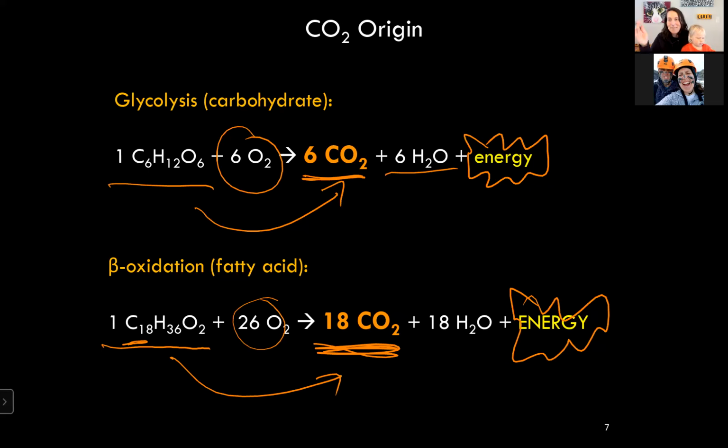But we always just tend to be able to cover glycolysis the most. But if you're taking lipids, don't worry, we'll talk a lot about this beta oxidation. All right, so this is where the carbon dioxide is coming from. It's coming from cellular respiration, so the breakdown of glucose to form energy and the breakdown of fatty acids to form energy.